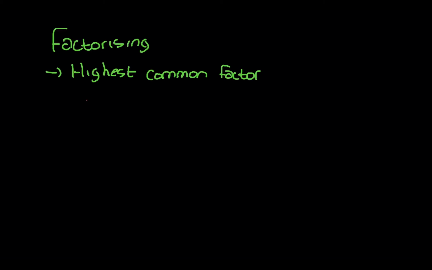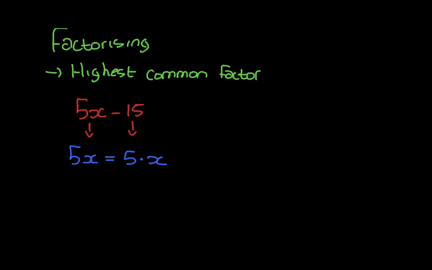Let's say you have 5x minus 15. If I'm to factorize these terms, I need to find the factors of 5x and the factors of 15. All right, let's do that. The factors of 5x would be 5 and x.